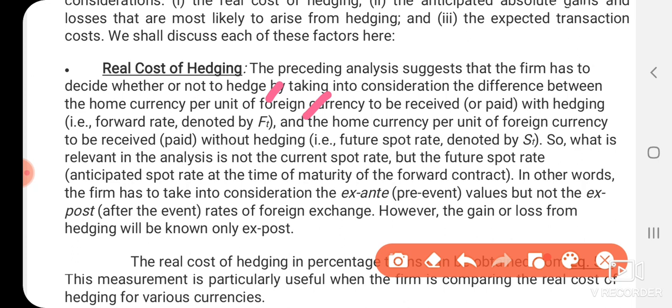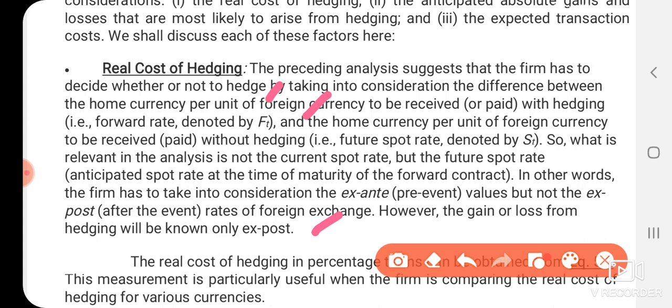So what is the relevant analysis? It is not the current spot rate but the future spot rate, the anticipated spot rate at the time of maturity of the forward contract. Before the event we don't know, but only after the event can we know the gains or losses.